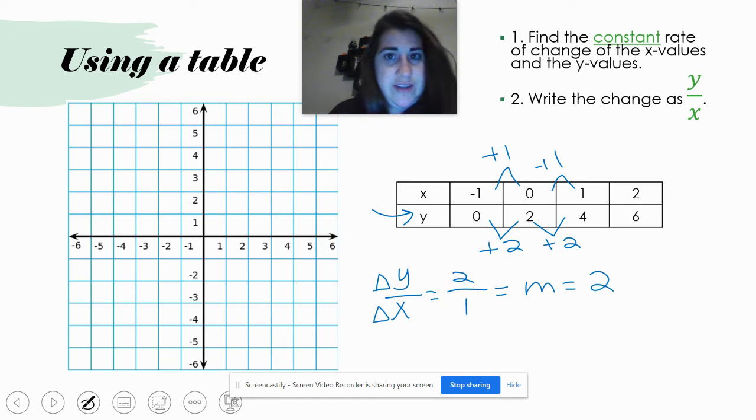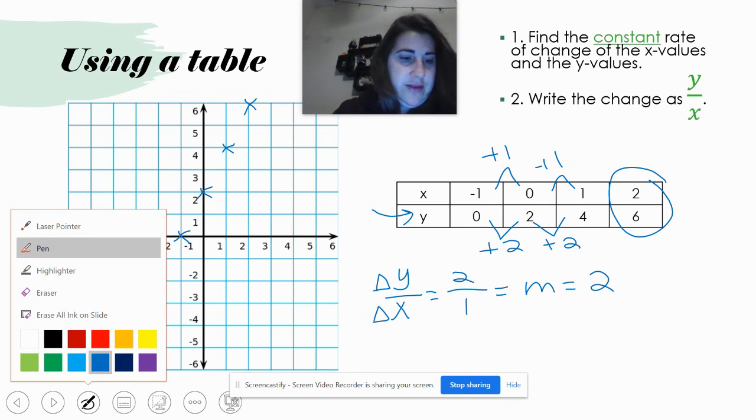Say I were to graph this on a table. I'm going to graph -1, 0. I also have 0, 2, 1, 4. So I'm just plotting the points that are in the table. And 2, 6.